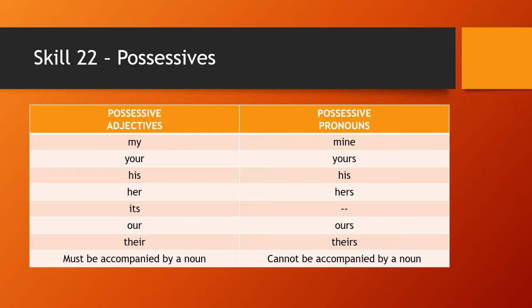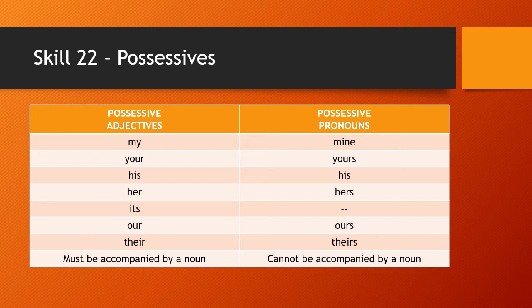This book is mine. These books are yours. This book is his. And this book is hers. So we don't need the noun anymore. We don't say mine book. No. Just say, oh, this is mine. Or these are yours.